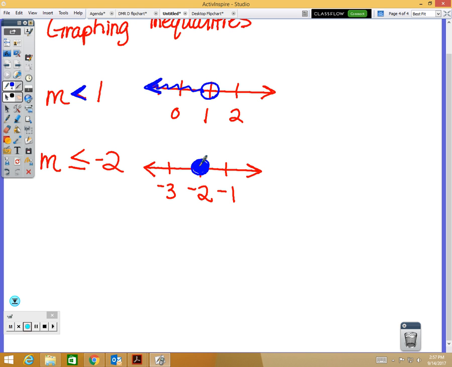People call these closed circles and open circles. Closed and open. So closed is going to be if it's equal to, if it can be equal to, and open is going to be when it can't be equal to.